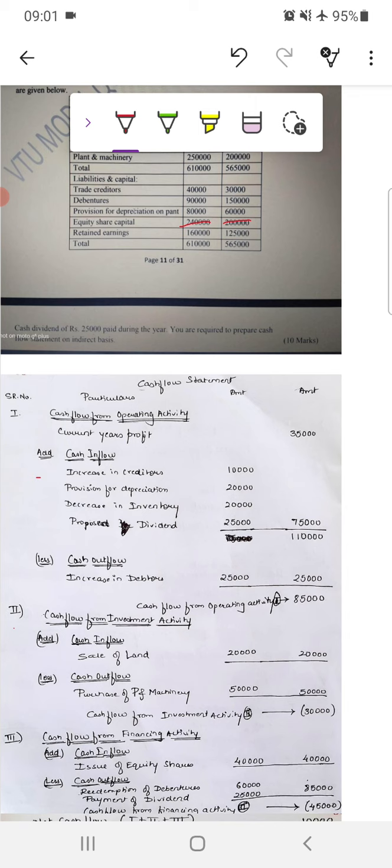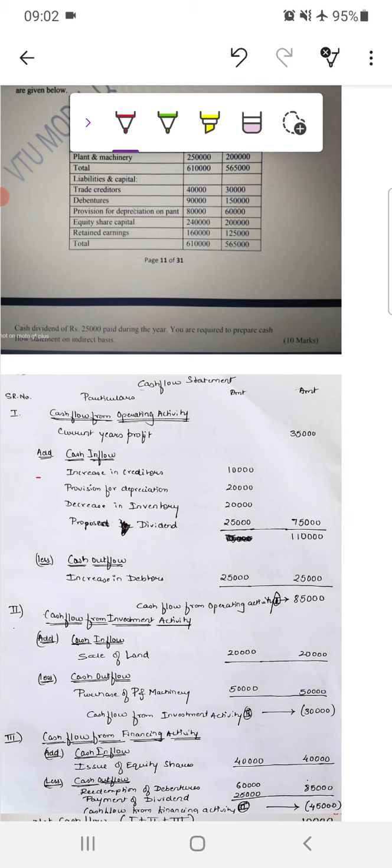Now it is 80,000. That means your liabilities have increased. Now liability has increased means it is an inflow. And since it is a provision, it belongs to current liabilities. It is considered under operating activity. So provisions for depreciation 20,000. Right? So that is how we consider the provisions for depreciation, or for that matter any provision.